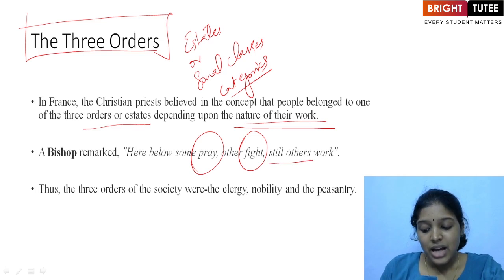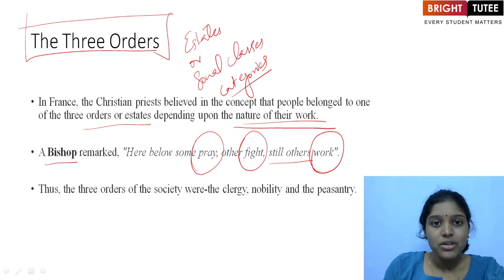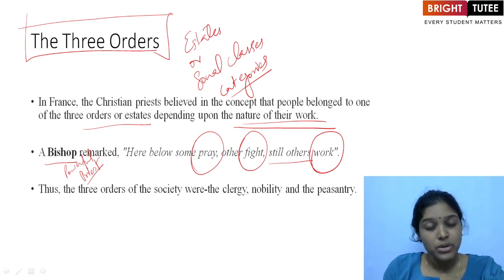And then another section's task was to work, to till the soil, to be involved in agriculture. A bishop is a very powerful priest in the Catholic Church who had special rights and was a very influential and senior priest.